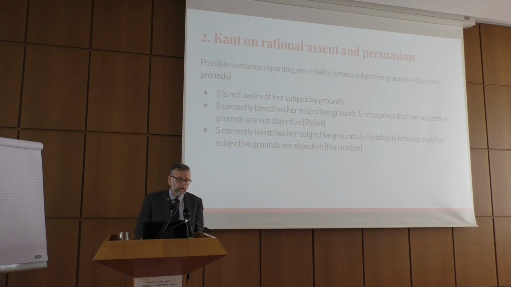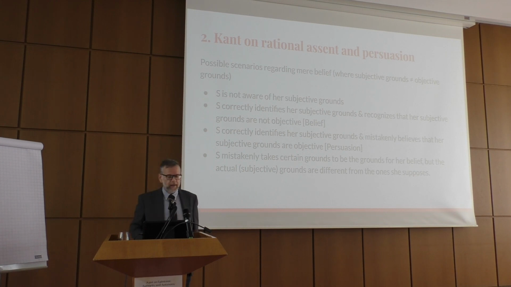Another case is that S correctly identifies her subjective grounds, but mistakenly believes that her subjective grounds are objective, right? And that's the persuasion case. And we're going to come back to that one. And then this one is something that I didn't really find in Andrew, so this is one that I'm adding here: S mistakenly takes certain grounds to be the grounds for her belief, but the subjective grounds are different from the ones that she supposes.